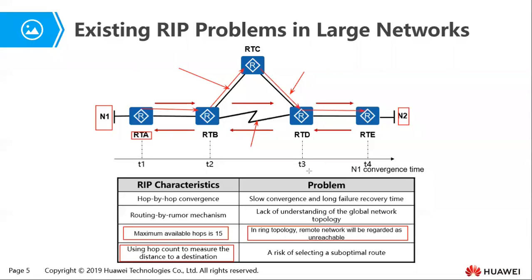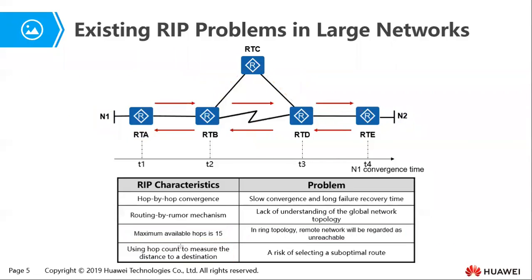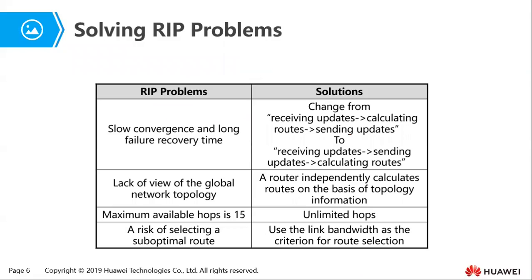With RIP, it cannot make such a decision because it forwards based on the hop count and not based on the link bandwidth like OSPF. So this can lead to what we call suboptimal routes.